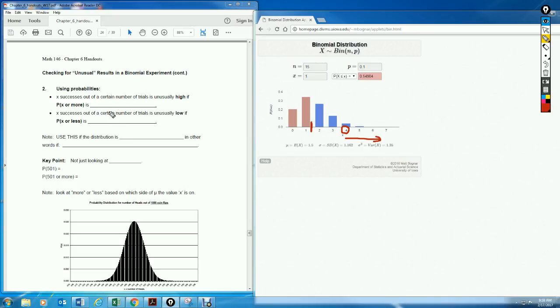Remember, I can't just look at P of 4. I have to look at P of 4 or more. In other words, I need to determine the probability of getting 4 or more.